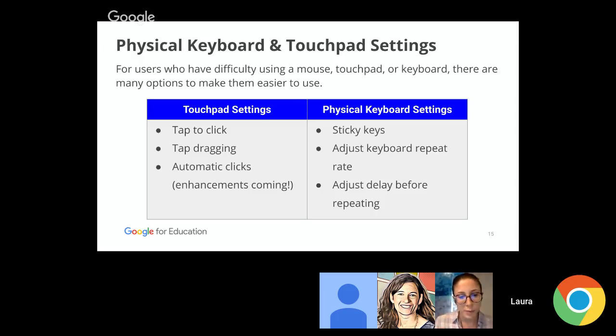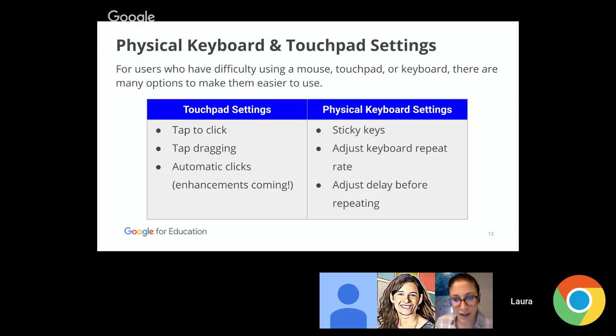So a little circle will appear and essentially zoom in on the given item and then click for you without having to put any sort of pressure on the touchpad or mouse. I just wanted to mention that there's a lot of improvements coming to this feature in the next few Chrome milestones. So definitely stay tuned. We're adding a lot of new functionality and a new interface. So we're excited about that coming soon.